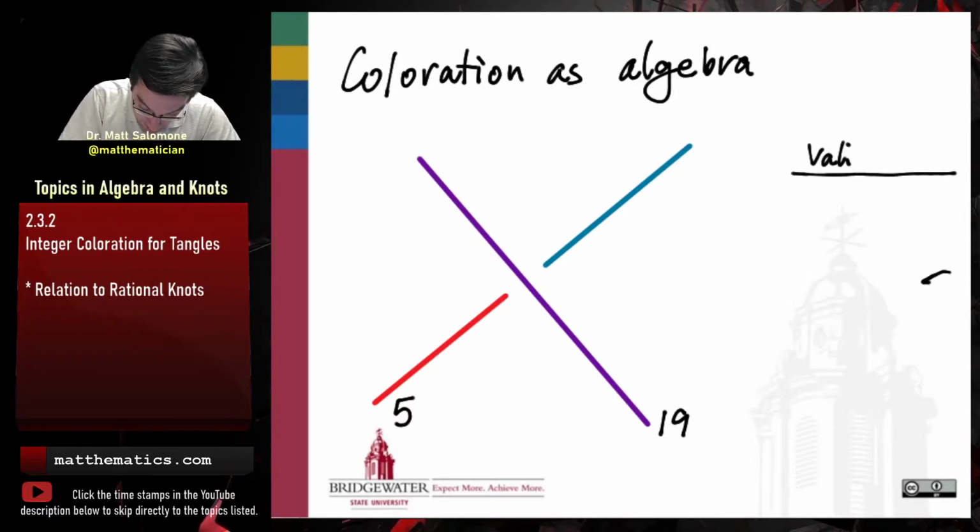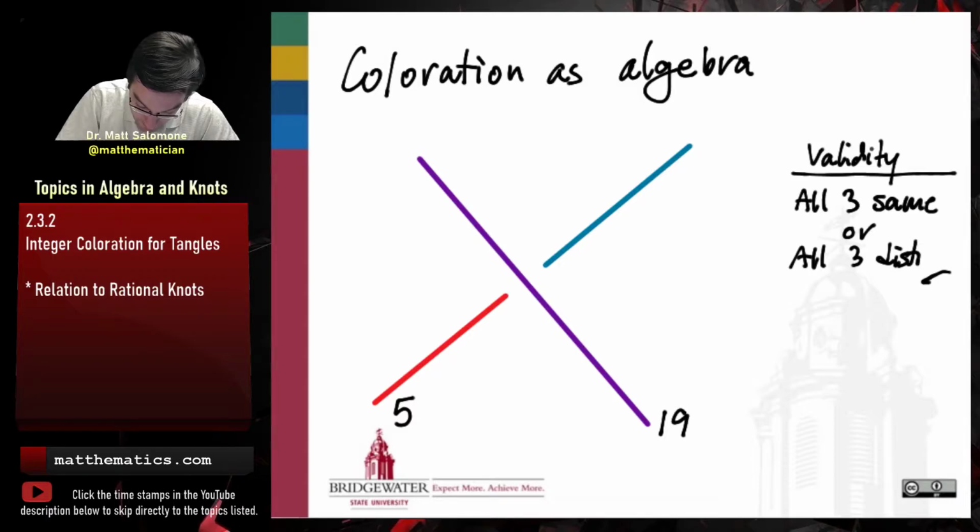Remember, validity means that all 3 are the same or all 3 are different, distinct. Or remember, another way, my favorite way of thinking about this criterion is that if any 2 are the same, then so is the 3rd.